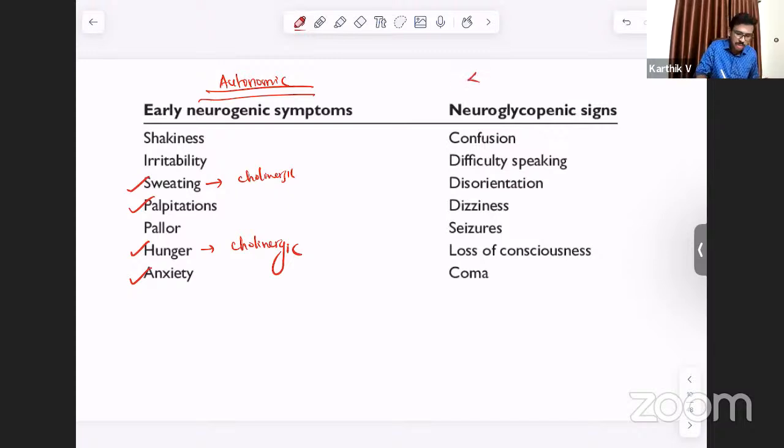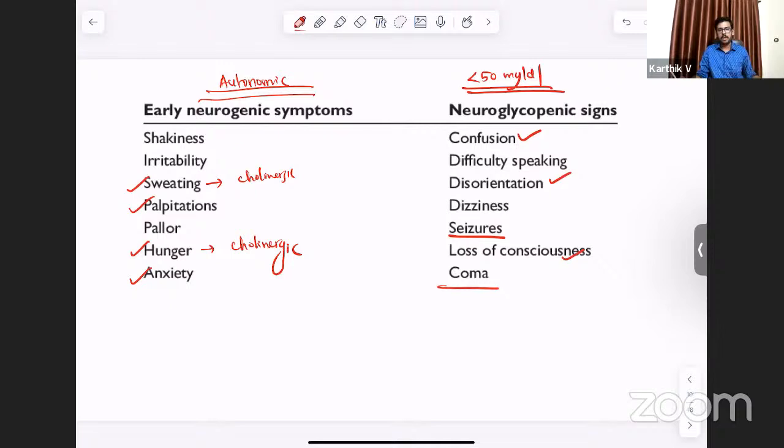Once the blood glucose is less than 50 milligram per deciliter, there will be neuroglycopenic symptoms, the symptoms that indicate that the brain is getting deprived of glucose. The patient will have confusion, disorientation, loss of consciousness, seizures, coma, etc. Unless there is some significant underlying issue, the patient will always experience autonomic symptoms first, and only then the neuroglycopenic symptoms will come.